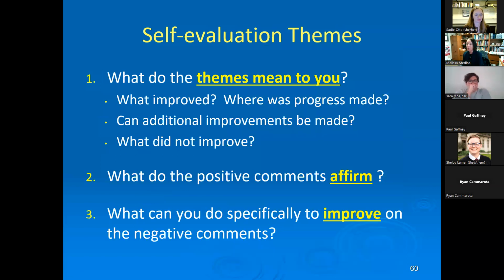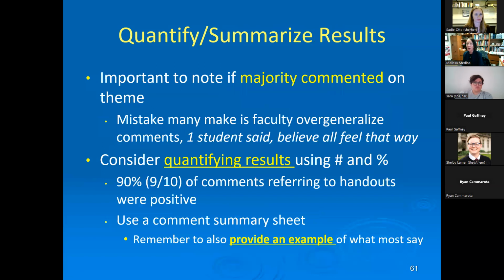Then you can do some reflection. What did the themes mean to you? What do they affirm? What should you improve upon? But what I really want you to do after you get all those themes is quantify them. Maybe because I'm an assessment person, I really love numbers, but I like to make things that are inherently subjective more objective.